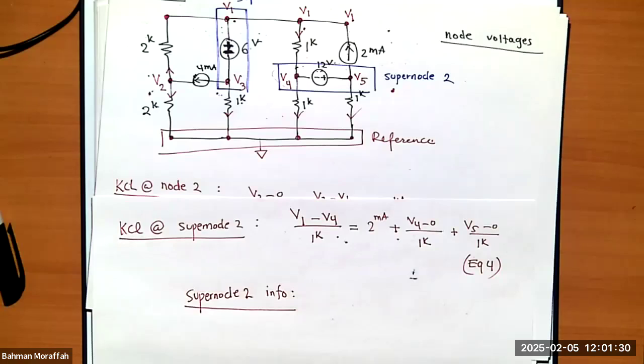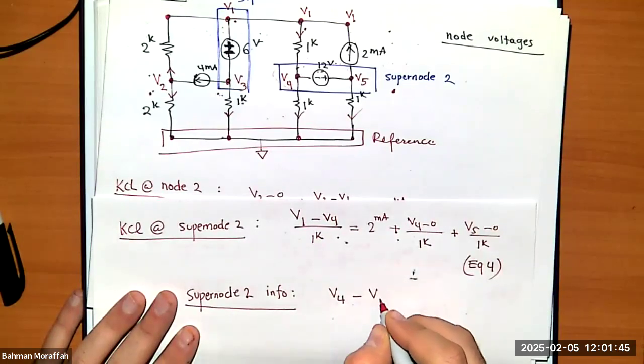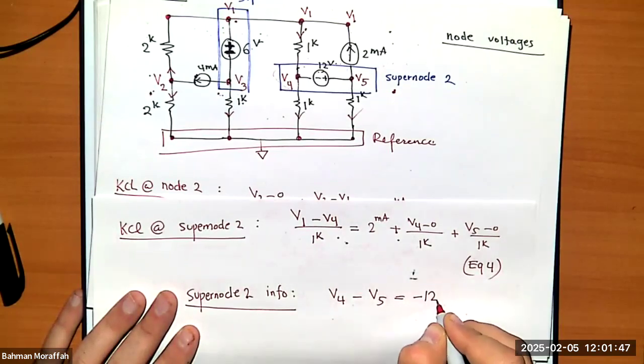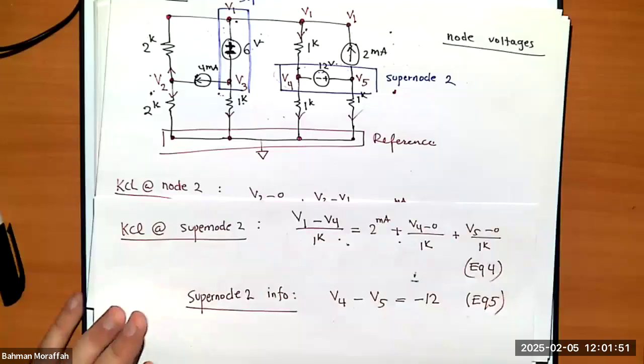It's either V4 minus V5 equals negative 12, or V5 minus V4 equals 12. So I'm going to write it as V4 minus V5 equals negative 12, and this is equation 5. Now I have 5 equations, 5 unknowns.